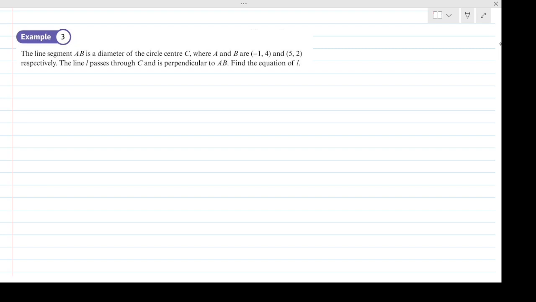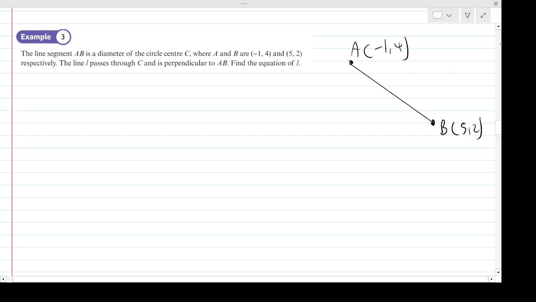Good idea. With this section, particularly with circles, you should pretty much always draw a diagram to help you to visualize what's going on. So we have A and B, which are these points. So let's draw AB, and then draw the line connecting them. So we've got the line AB.